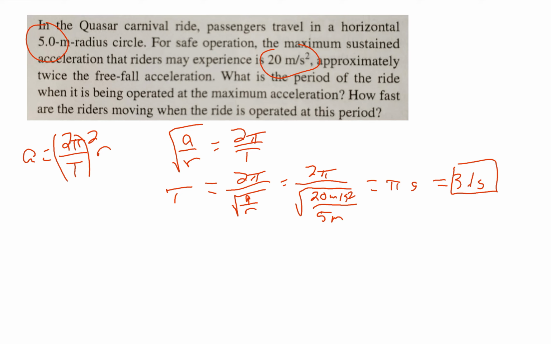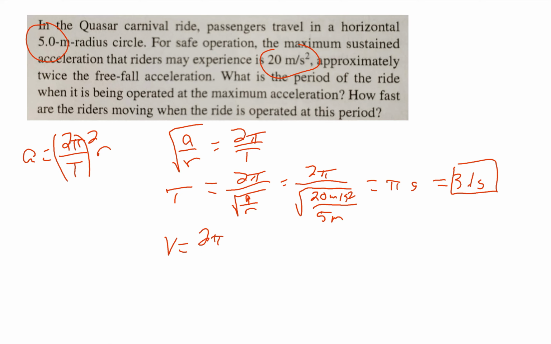And then the second part is how fast are the riders moving when the ride is operated at this period? So how fast means we need a velocity. So we're going to go velocity equals, and now we have our choice of formulas, but we know the radius already and we know the period. So we're going to go with the period version of the velocity equation.